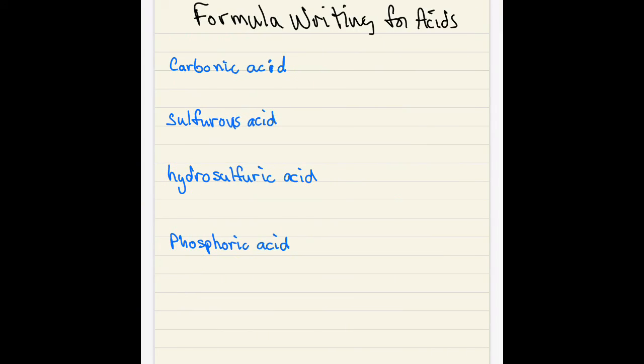It's just the opposite. If there's no hydro here, it's an ic, so that means that this is carbonic acid, which would have the anion carbonate. And carbonate ion, as you have all memorized, CO3 minus 2. We're going to have to add counterbalancing hydrogen ions.